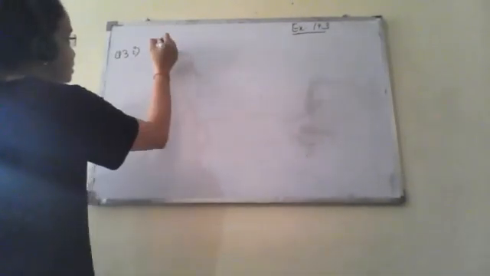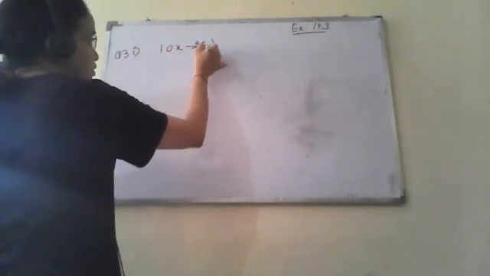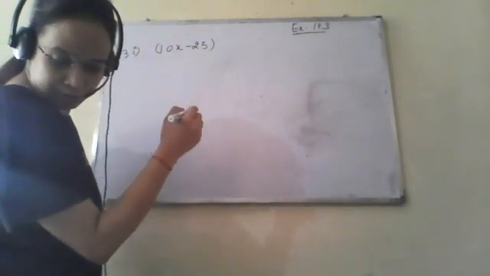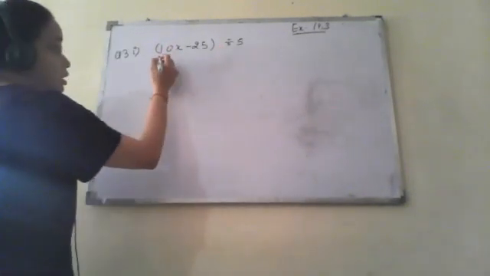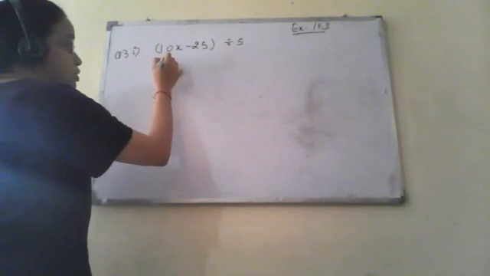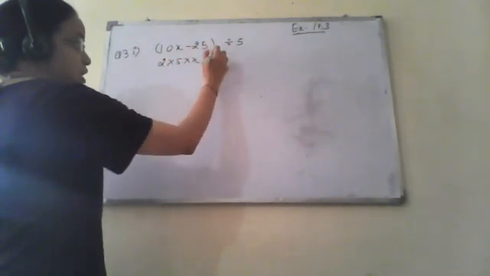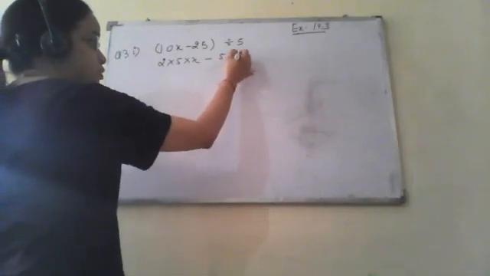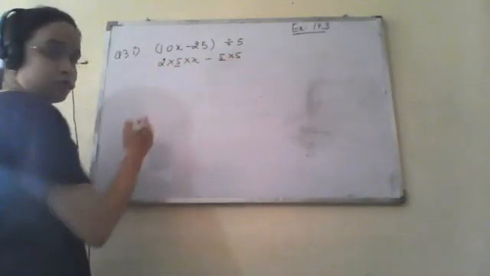So it is 10x minus 25 that has to be divided by 5. Now we can write this 10x as 2 into 5 into x. Here is the minus sign. This is 5 into 5. So what is common? 5 is common from these.